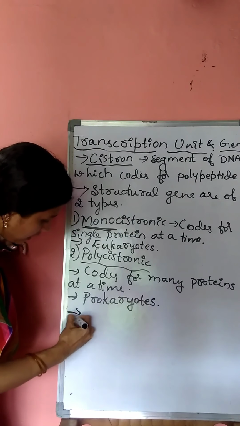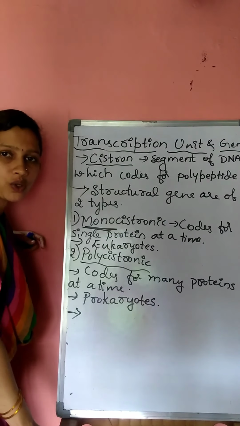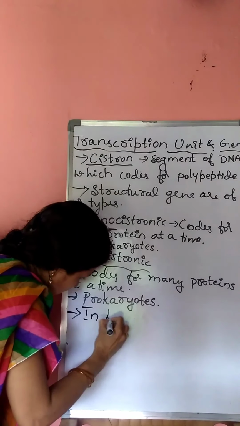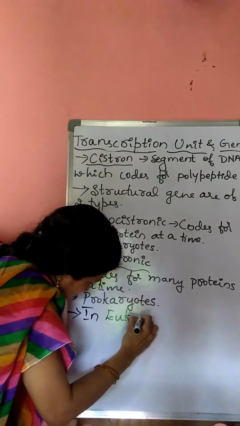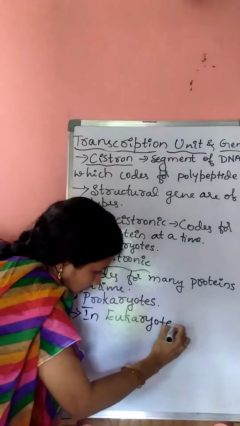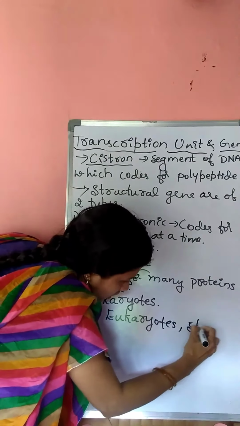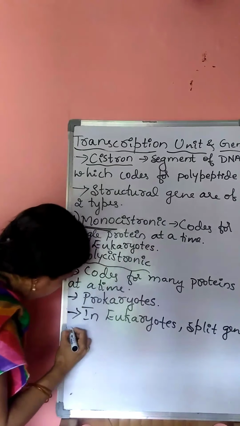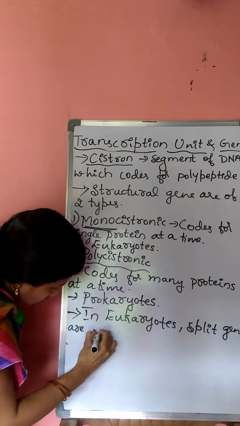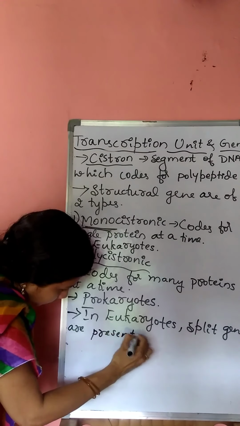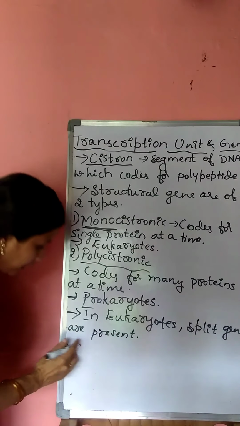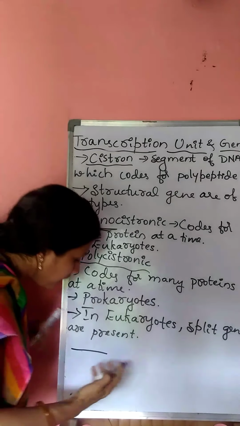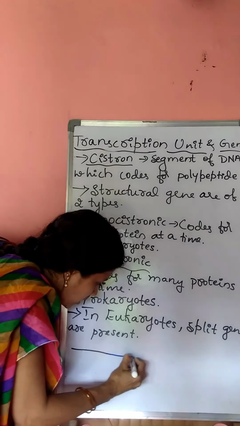In eukaryotes, split genes are present. Split genes means genes containing coding and non-coding sequences.